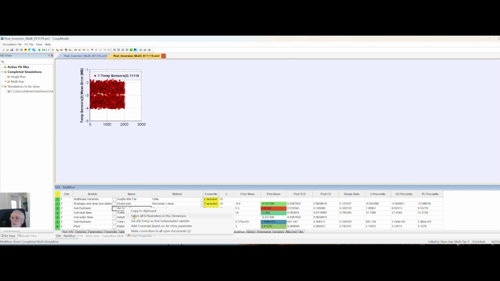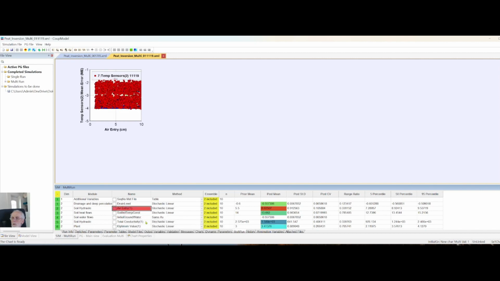We go to this air entry. I'll put that as the first independent variable. And now we see air entry here. And now we see the mean error. So now I think we have a better and correct way to show those dependencies.